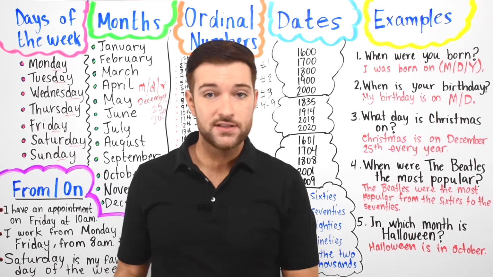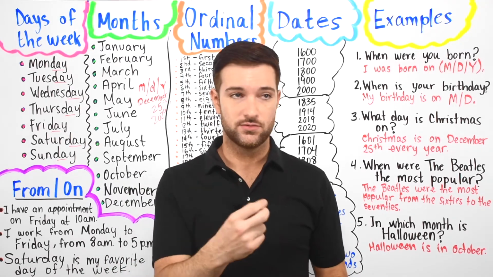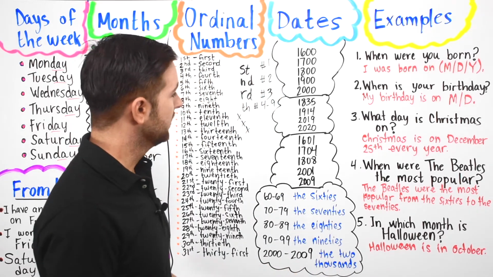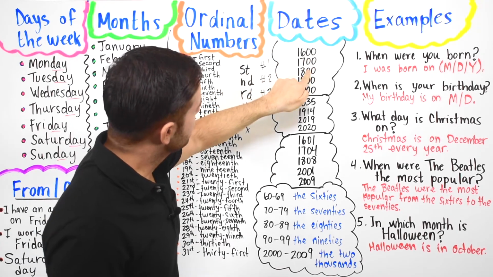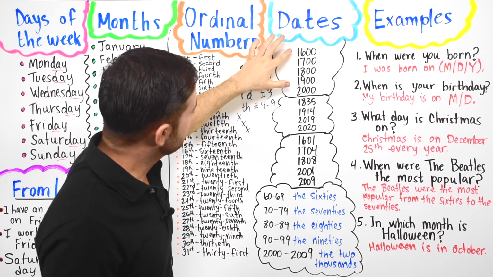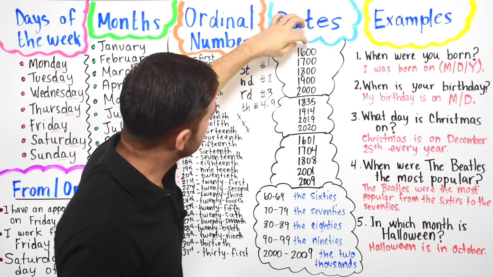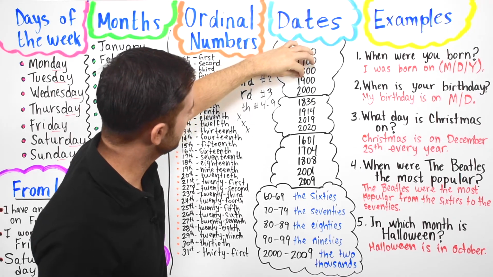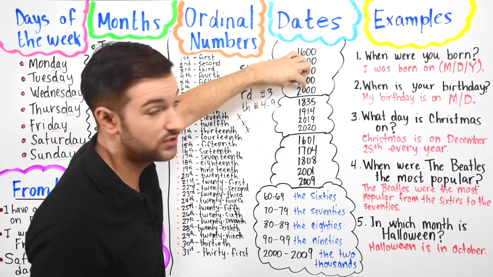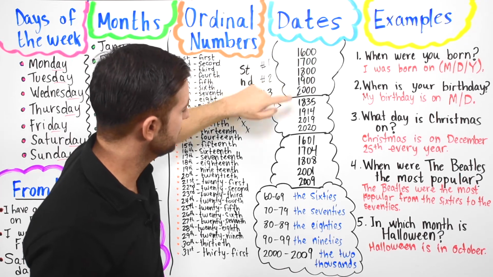Most years are then separated into two numbers. Okay? So, for example, here it's easy because we have 0, 0, 0, 0, 0, 0. So we just say 16 and then 0, 0 is 100. So 1600, 1700, 1800, 1900. This is 2000, okay? It's a little different, 2000.